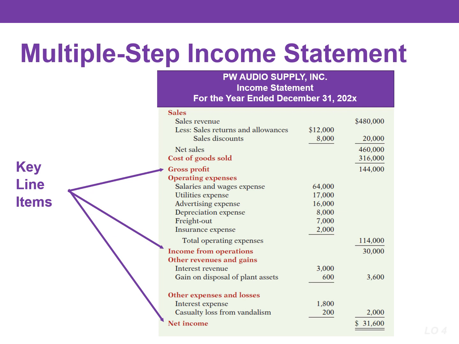They are determined as follows. We subtract the cost of goods sold from net sales to determine gross profit. We then deduct operating expenses from gross profit to determine income from operations. And then lastly, we add or subtract the results of activities not related to operations to determine net income.